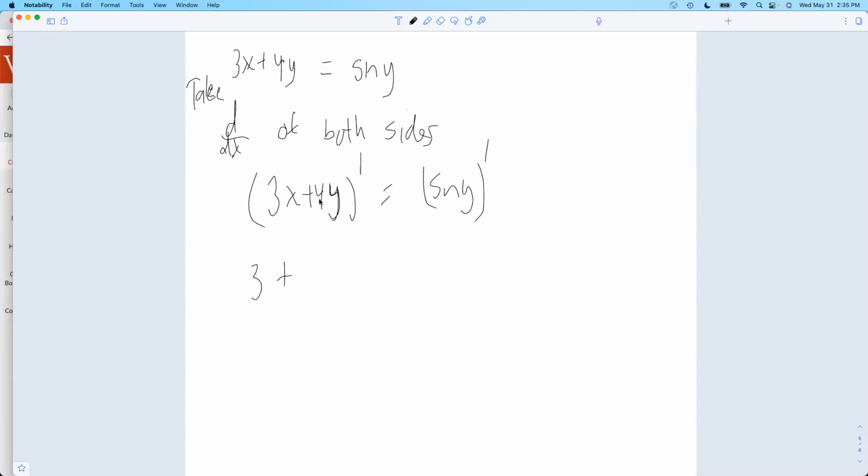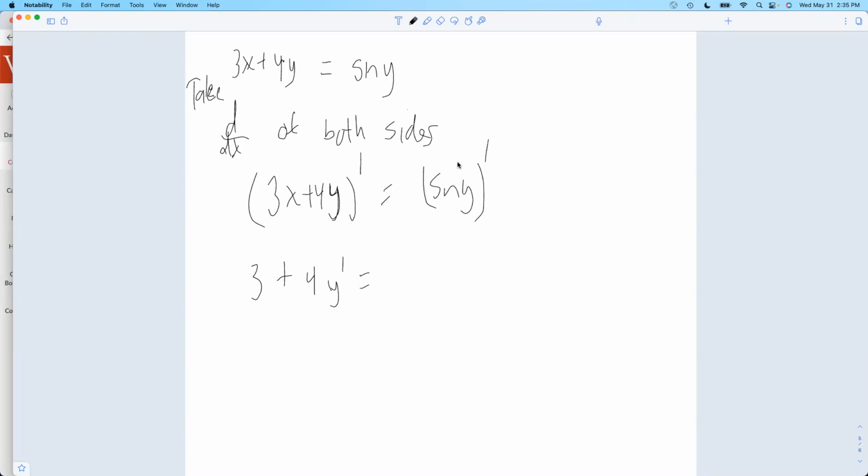The derivative of 4y: I treat y just like it's a variable. That 4 is going to come along for the ride. But every time I have a y, this is a chain rule. The derivative of 4 times a function is 4 times the derivative of that function. What is the derivative of y? Y prime. Again, over here, chain rule.